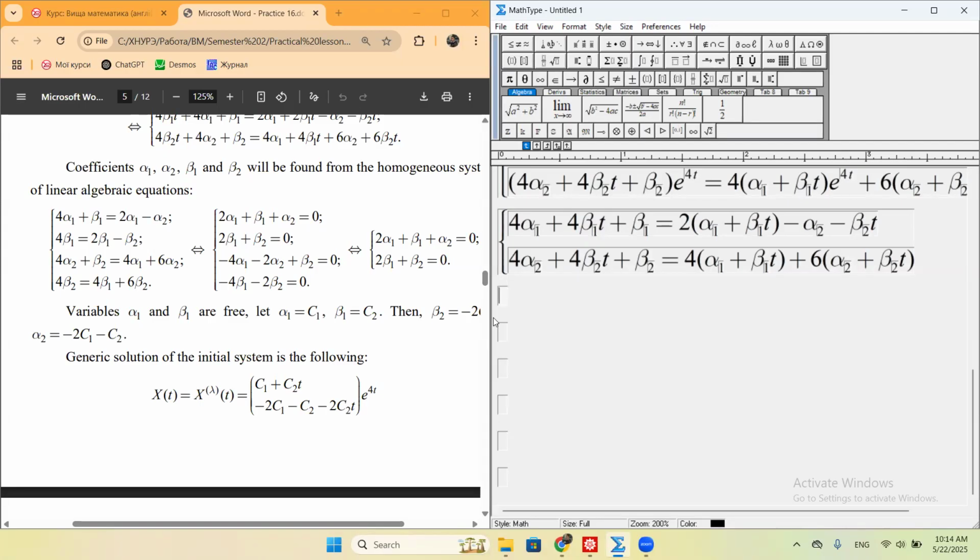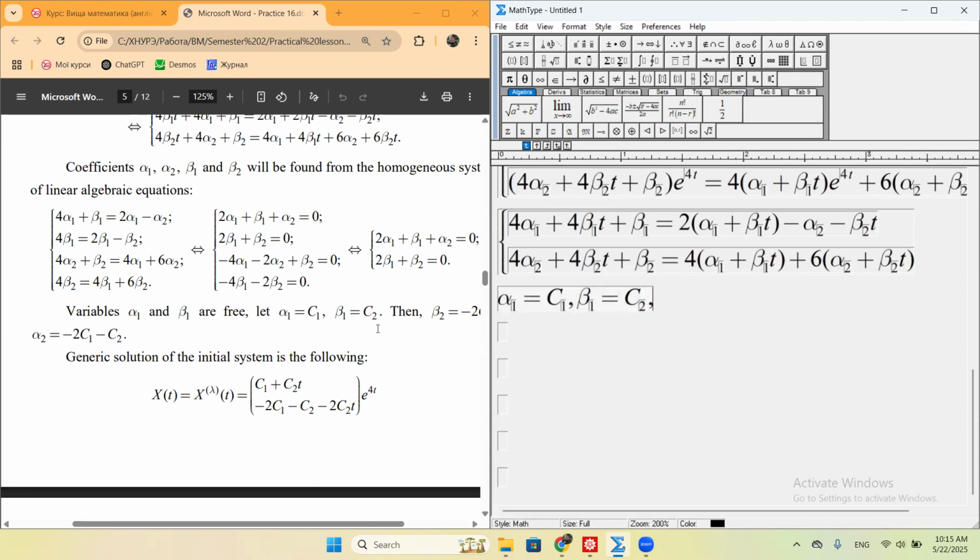Alpha 1 and beta 1 are free variables, and beta 2 and alpha 2 are basis variables. So alpha 1 equals C1, beta 1 equals C2.